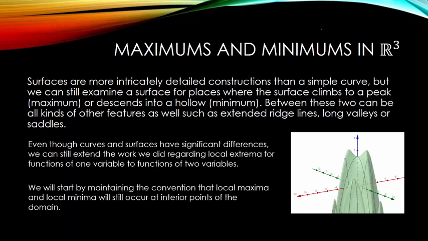We're going to use the same convention that we used before, that local maxima and local minima will still occur at points that are on the interior of the domain of my function.